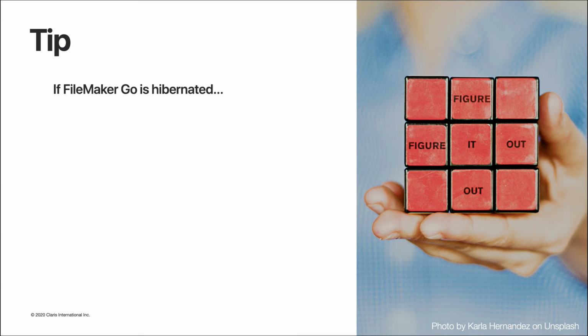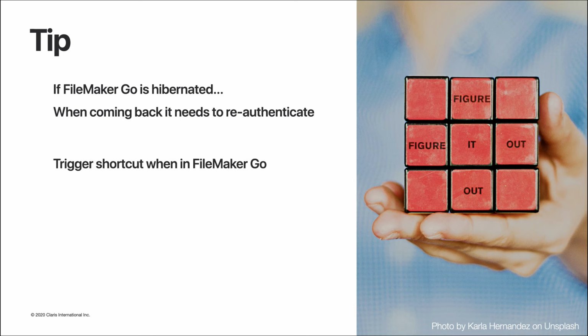This is a small one, but it kind of bugs me. If FileMaker Go is hibernated and you call a shortcut, then it has to re-authenticate. So when it comes back, it has to re-authenticate. If you trigger the shortcut while you are in FileMaker Go, for example, if I just call out, "Hey Siri, just run this shortcut," while I'm in FileMaker Go, then it seems like it's almost on another layer.